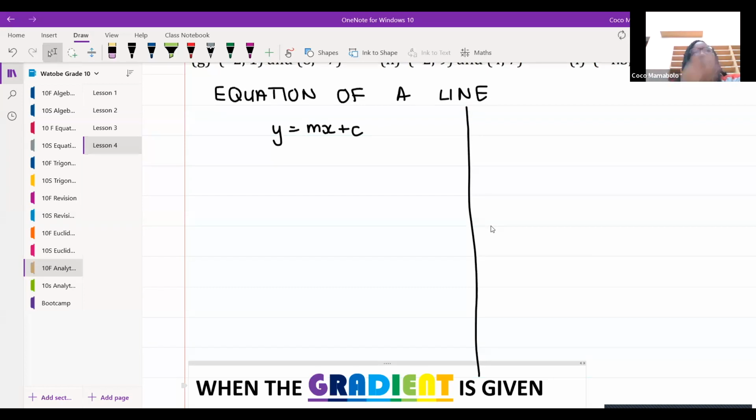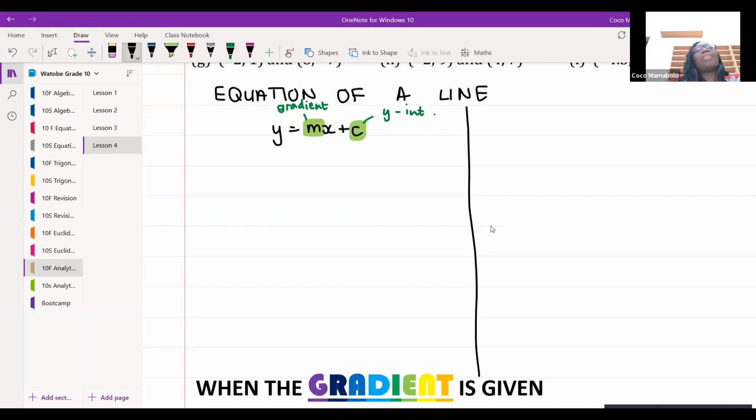It's called the gradient-intercept method because this m is our gradient, which we were just calculating, and the c is the y-intercept. We'll talk about the y-intercept in a little bit.